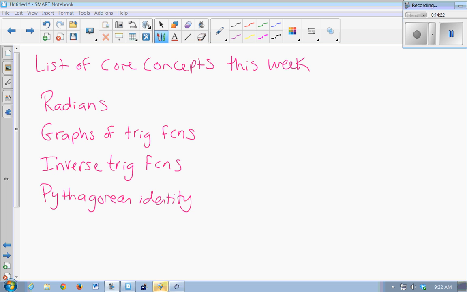What did you use the inverse trig functions for in several homework problems? To solve for theta. Yeah. Yep, solving equations that have trig functions in them, right?